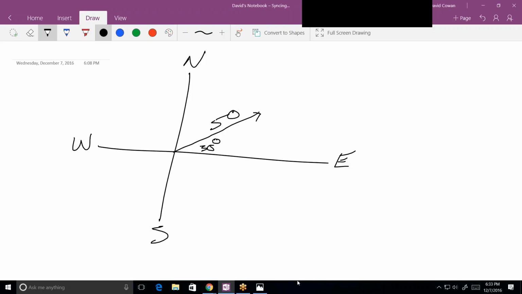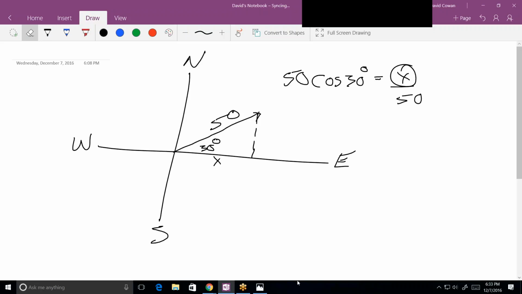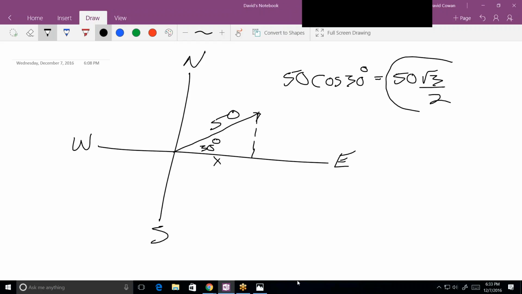In other words, if I want this portion of it, x, well, cosine of 30 degrees equals x over 50. That means that the x component is 50 times cosine of 30 degrees. Cosine of 30 is root 3 over 2. So I would end up with 50 root 3 over 2. That is the velocity in an easterly direction.